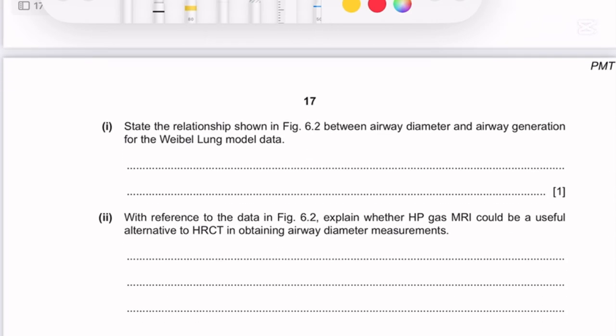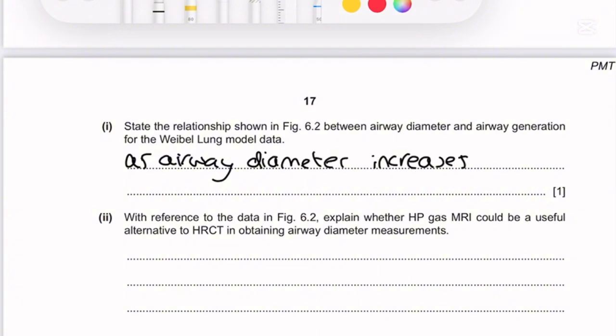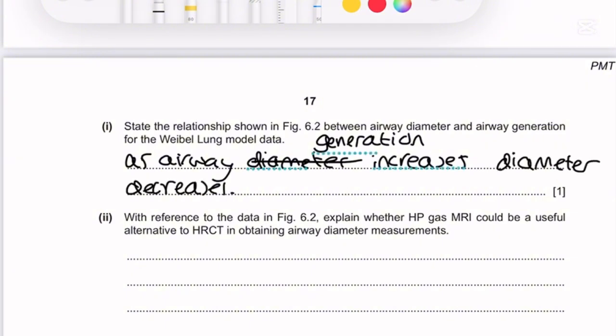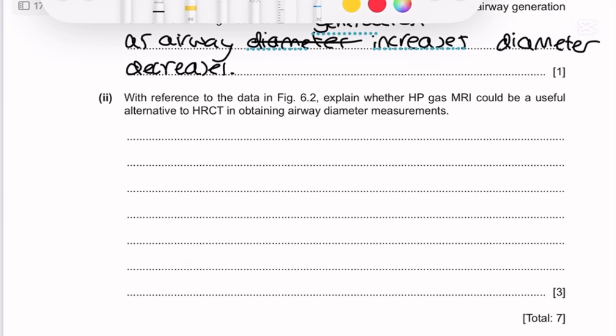So there is a relationship which is basically, as airway generation increases, diameter decreases.